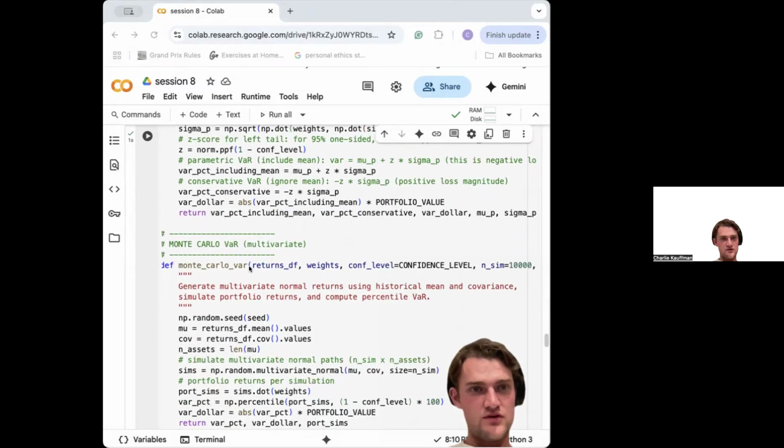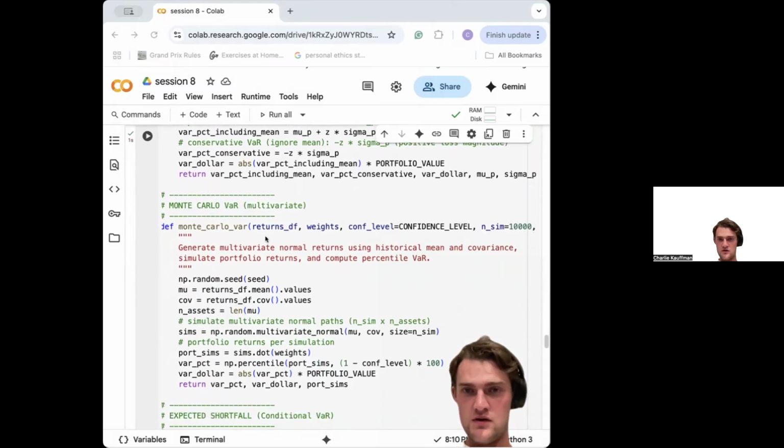Moving on to this line, this right here simulates thousands of random return vectors from the mean and covariance matrix, and then it applies weights and takes the percentile as the VaR.